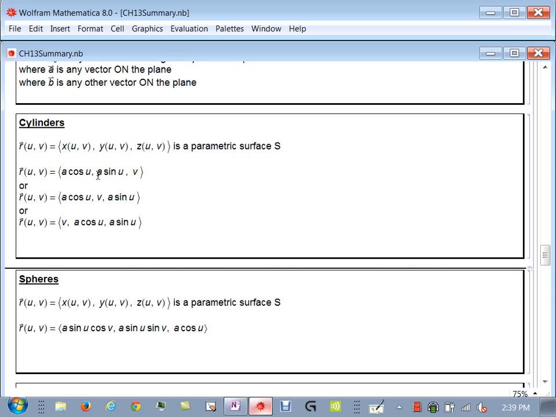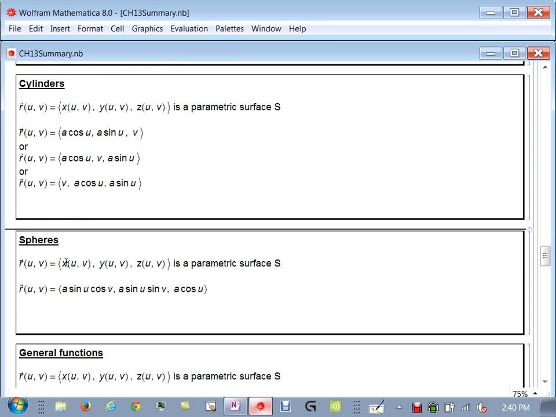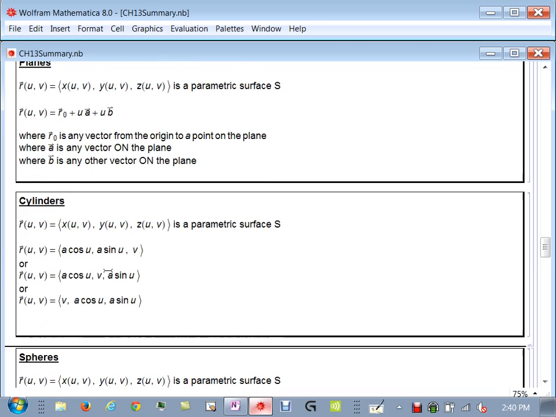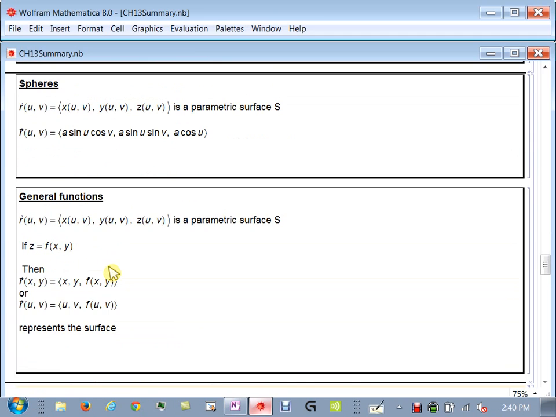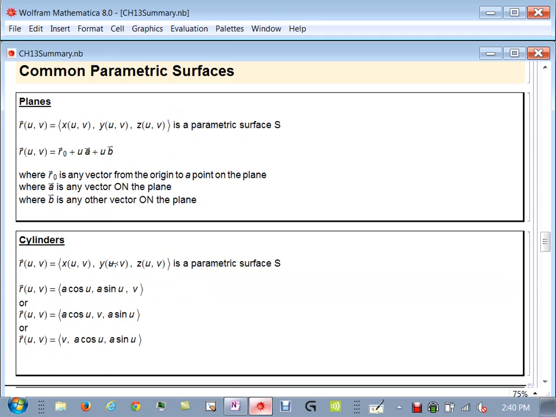The x and y here would give me a circle, radius a, right? And then letting this be v means it opens which way? It goes up and down between my restriction on whatever v is. If I do it this way, instead, I draw a cylinder, right? Radius a going out which axis? The y-axis. And then this one will go out the x-axis. Here's the spheres. I didn't do a disk, did I? No, I didn't. I should have. Maybe next time.